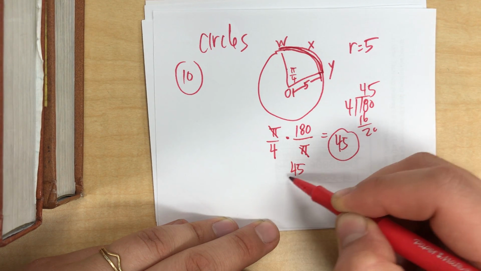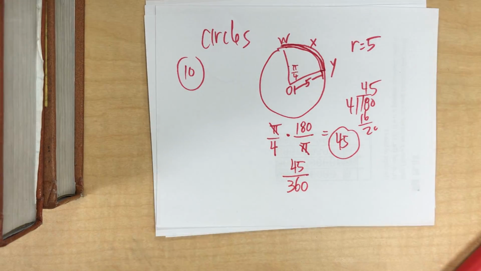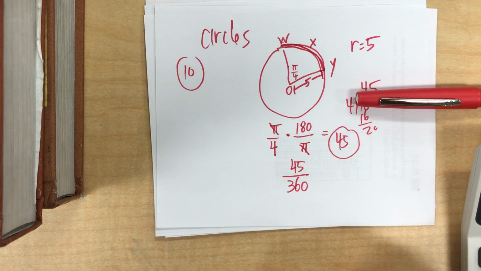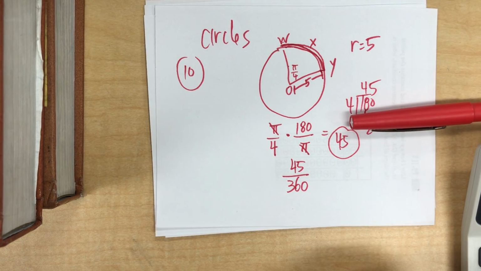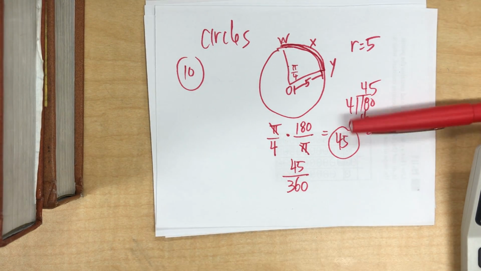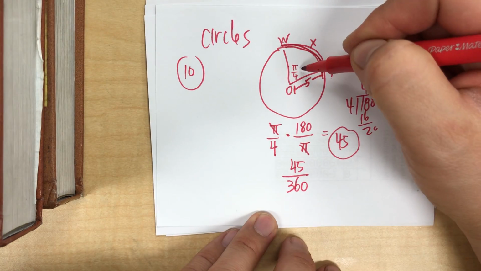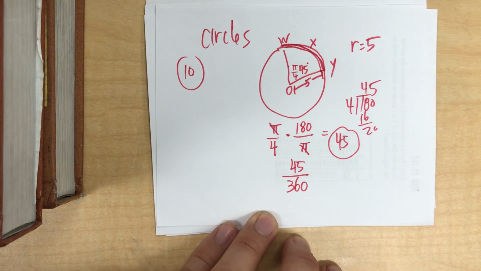So 45 degrees out of 360. You're going to see that this right over here is going to be 45 degrees. 180 divided by 4 is 45.